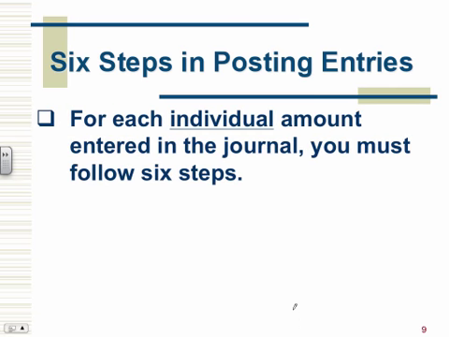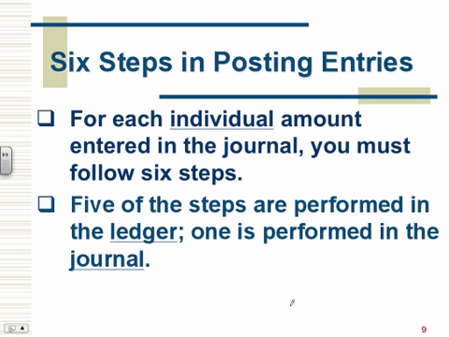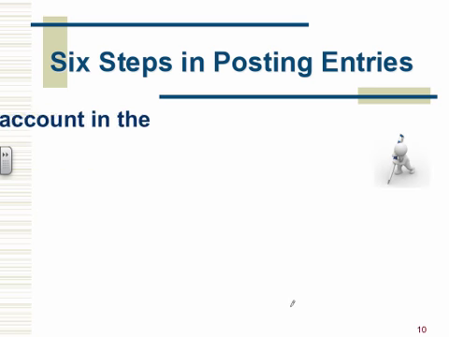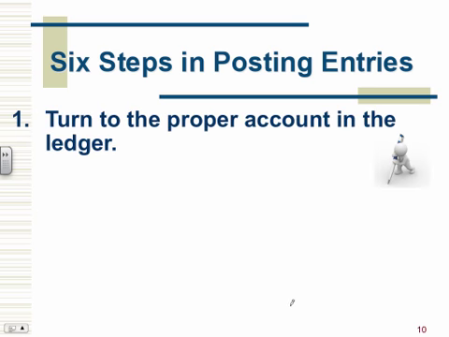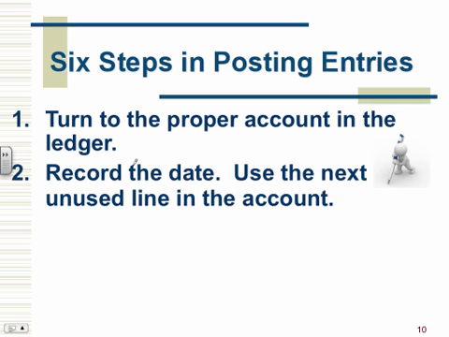There are 6 steps. 5 of them are performed in the ledger. 1 is performed in the journal. And we start off in the ledger. Step 1, you find the proper account in your ledger. In computer software, which you'll be seeing in the lab, we'll just find the proper account by looking up the proper account number. Next, record the date.